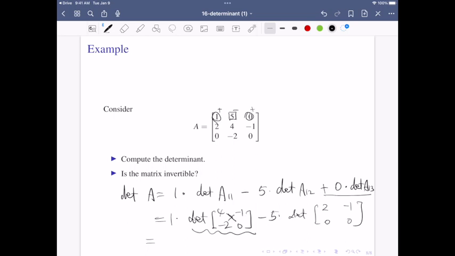So 4 times 0 minus negative 1 times negative 2, and for the second determinant, 2 times 0 minus negative 1 times 0. At the end, we get 0 minus 2, which is negative 2.